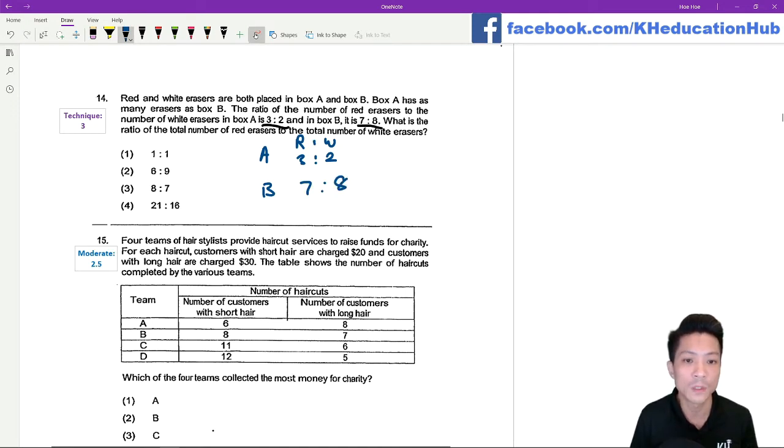The keyword is since box A has as many erasers as box B. Look at the total unit, right? This is a 5, this is a 15, which means that I need to multiply by 3 to this, which will give me 9:6.